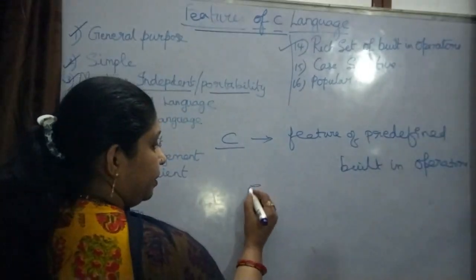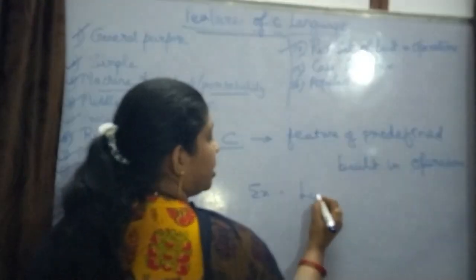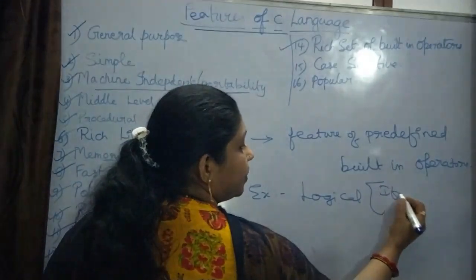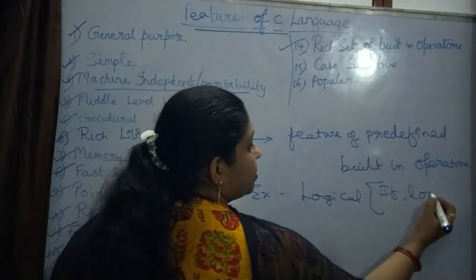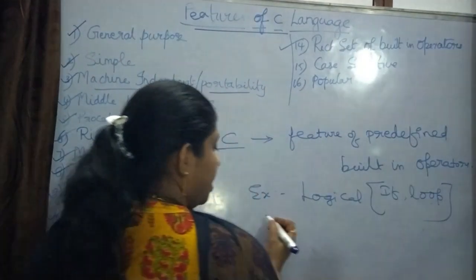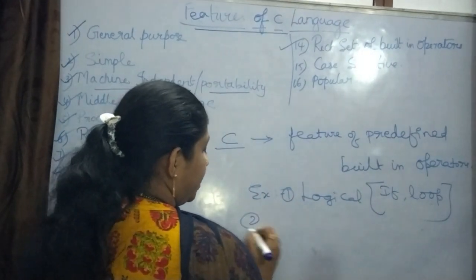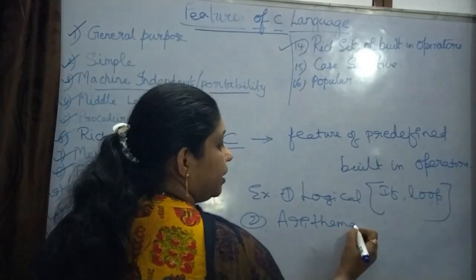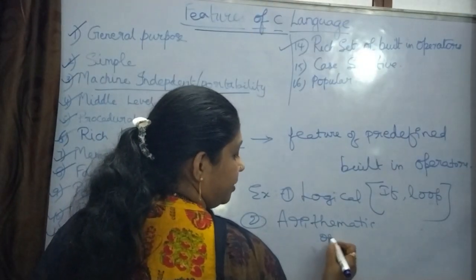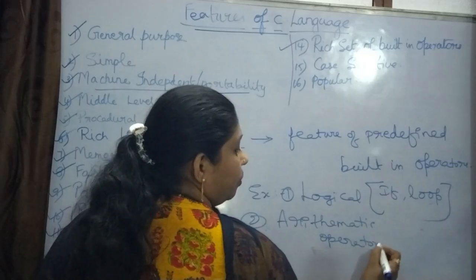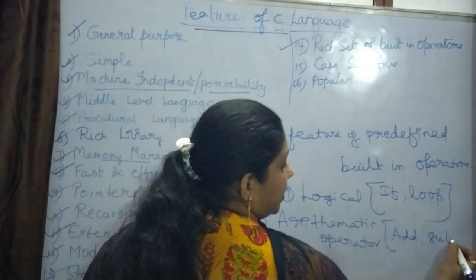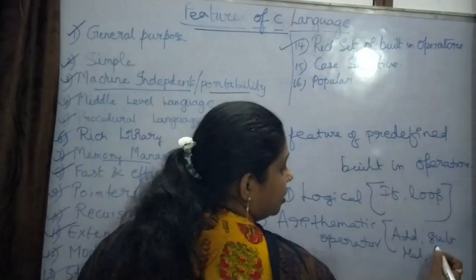For example, logical operators, where you have if loops and all those things, and one more operator is the arithmetic operator, where you have add, subtraction, multiplication, division.